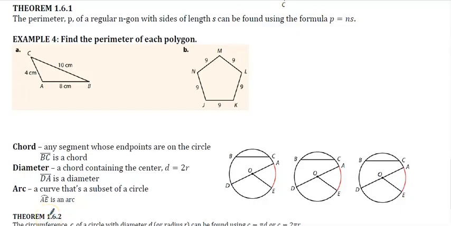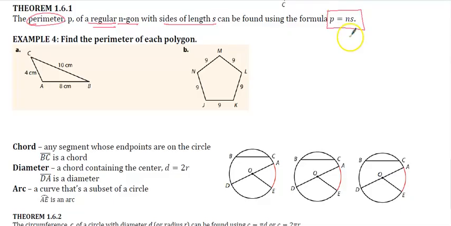So, all right, let's look at this theorem 1.6.1. The perimeter P of a regular n-gon, so this means any size polygon, with sides of length s, can be found using the formula P equals NS.